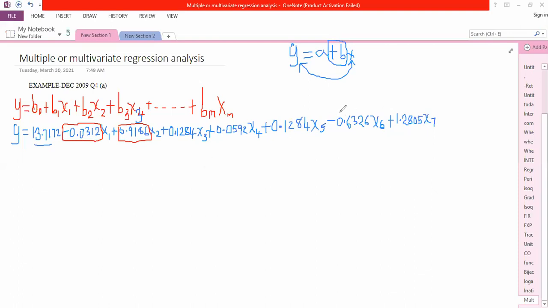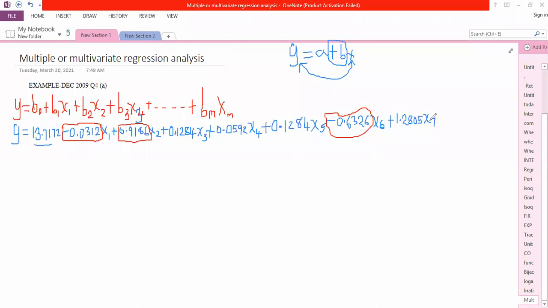For example, going by the coefficient of x6 here, we would say there exists a negative relationship between the level of job satisfaction and the level of responsibility by the manager, or maybe somebody not being a manager. I repeat, since our coefficient here is negative, then our job satisfaction, the y, and the level of responsibility, that is our x6, are negatively related.